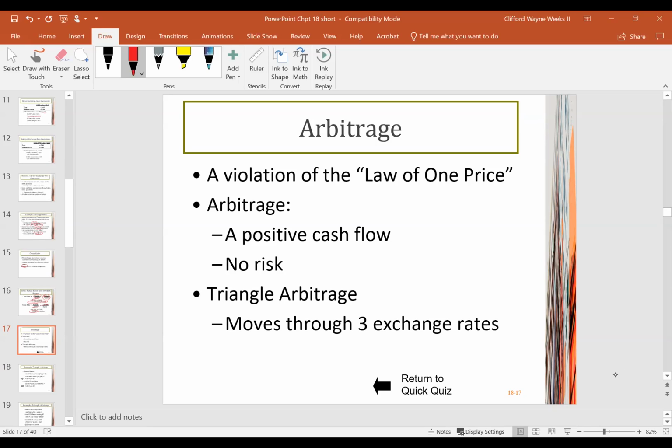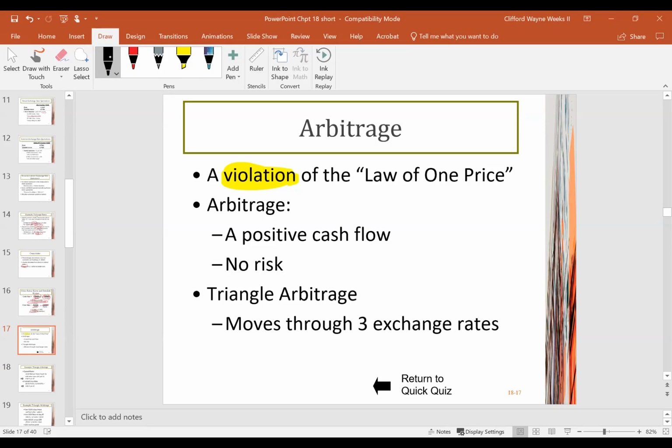And so what they're actually saying is, this is a violation, not of arbitrage, this is the violation of the law of one price. Basically, if it's the same thing, it should cost the same amount, with all things being equal, using the current foreign currency exchange rates.